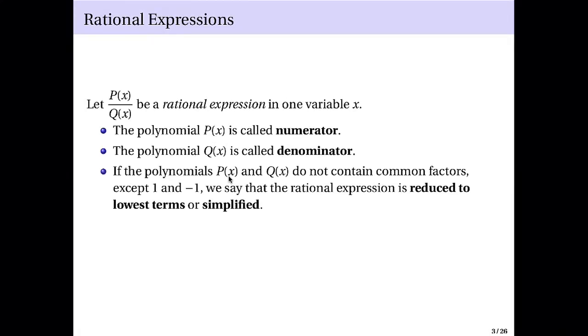If the polynomials p of x and q of x do not contain common factors, except for 1 and -1, we say that the rational expression is reduced to lowest terms or simplified. So if we are given a rational expression, this is what we want to do. We want to reduce it to its lowest terms, meaning the numerator and denominator must not contain common factors except for 1 and -1.